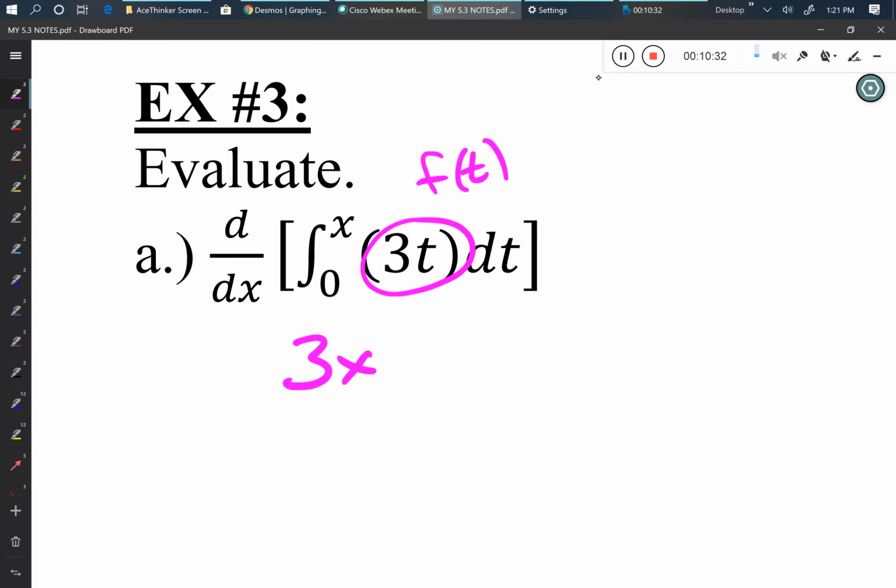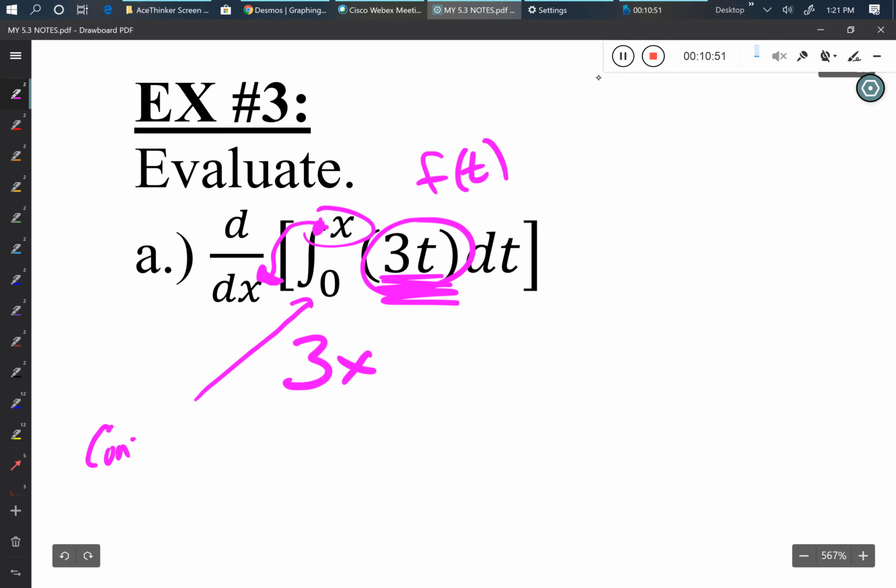And when I take the derivative of an integral, I take the integrand and I plug in the upper limit of integration, provided that that variable matches that variable. If those aren't the same, and if that isn't a constant, then the math starts to fall apart. We have to treat it differently.